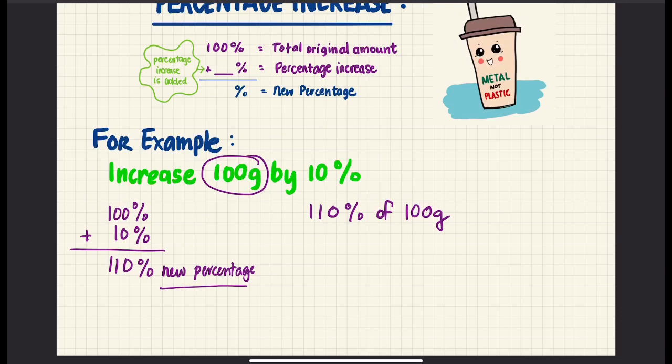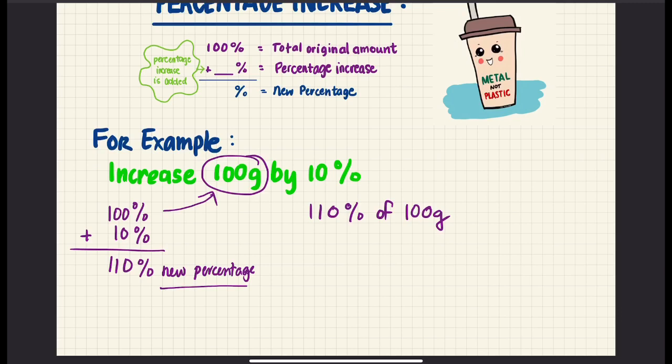Do you see what's happening now? This is the original amount, the total percentage of the original amount. So 100% represents the original amount. It increased by 10%, so we are adding 10%. So the new percentage is 110%, and we need to calculate 110% of the original 100 grams.